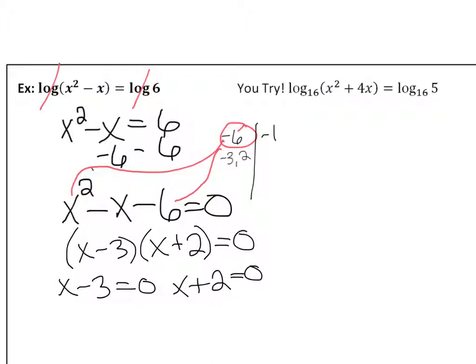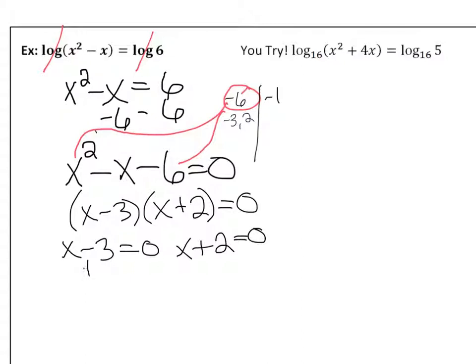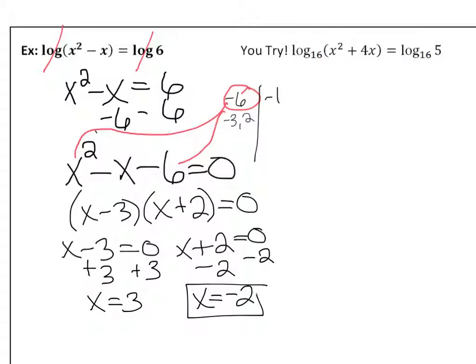Or hopefully you remembered that really and truly the answers just become the opposite. And there are your two answers. So even with logs, factoring can come back into play. So go ahead and work on the U-try, and then unpause the video when everyone's ready to check it.